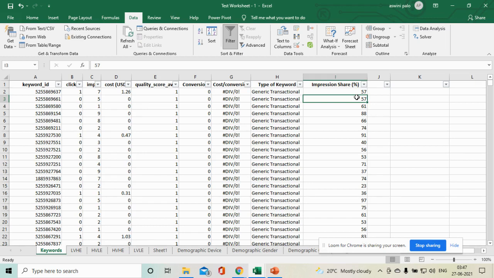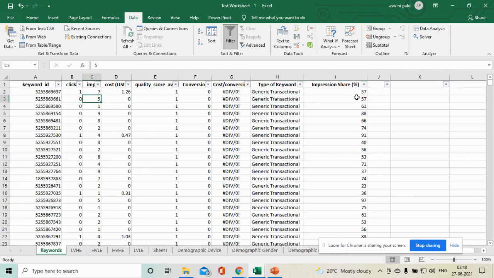So here you can see for this particular keyword, whose ID is 5255869661, which is in row number 3, A3 reference cell, the type of keyword is a generic transactional keyword, and the impression share is 57%, which is almost 60%.